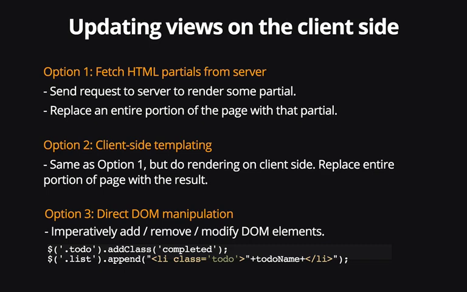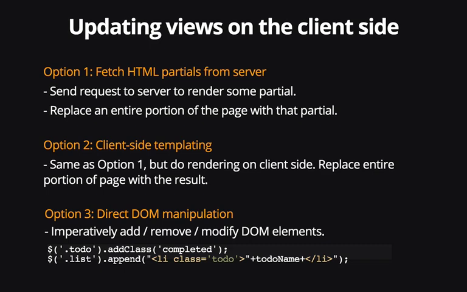And the third one, which maybe not everyone can read down there, is direct DOM manipulation. So you could imperatively add, remove, and modify DOM elements. An example might be, let's say you click the check mark on a to-do, you might find that one and add the class completed to it.